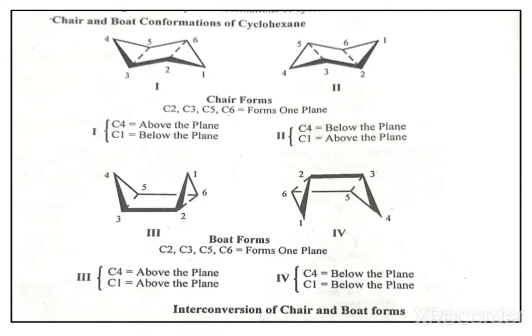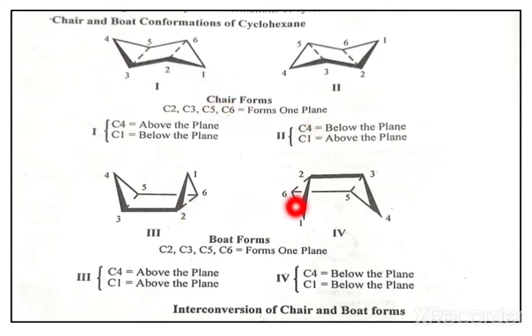In the chair form, the 4 carbon atoms are in one plane. That means I have mentioned here the C2, C3, C5, C6 are in one plane, and this represents the average plane of the molecule. Whereas one carbon atom, that is C4, is above the plane, and one carbon atom, that is C1, is below the plane, or vice versa.